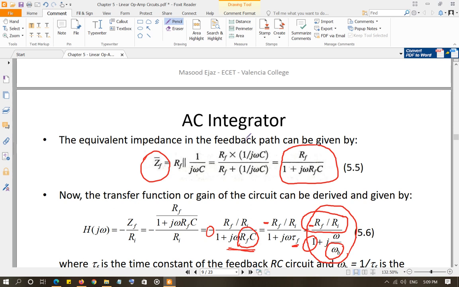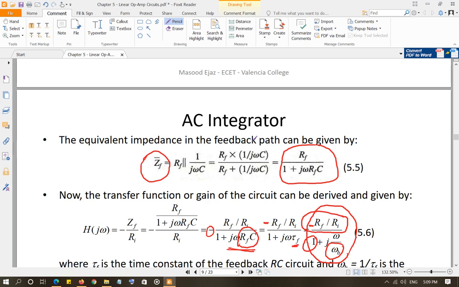Let's say your input has a DC component and an AC component, and the frequency of the AC component is quite a bit larger than omega B. Then the output will also be a combination of two signals, a DC component and an AC component. The DC component is figured out using the inverting amplifier: the gain is negative RF over R input times the input DC voltage.